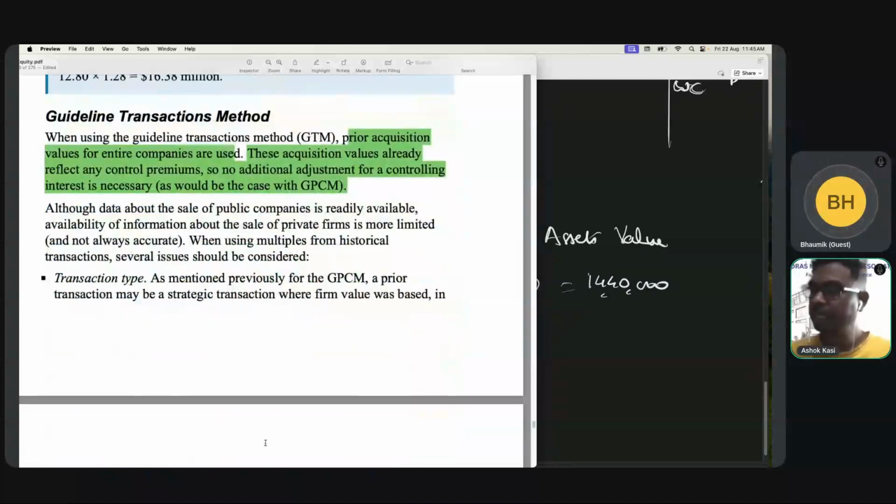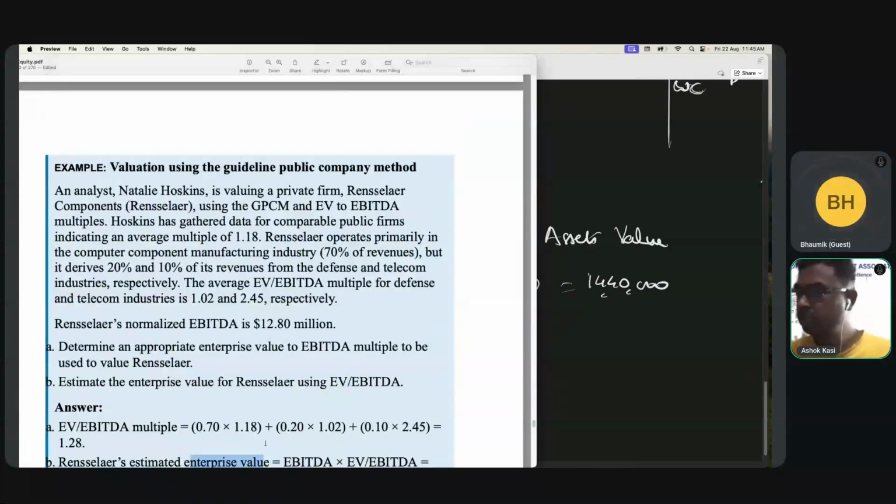The next one, guideline transaction method. There is a very thin line between all these things.